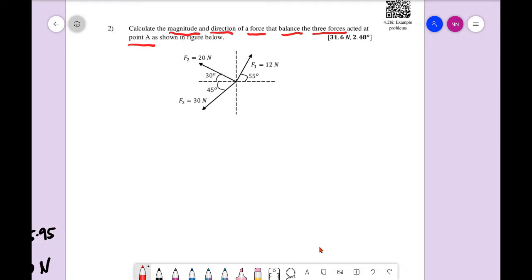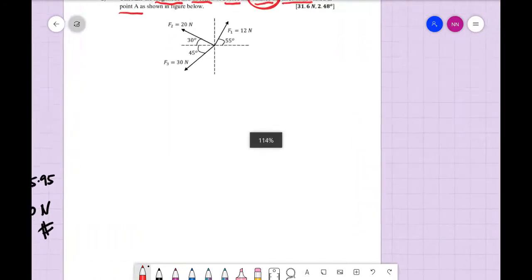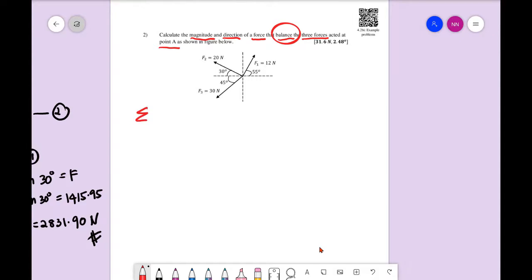Okay, the key word here is balance. The concept is net force X equals 0 and net force Y equals 0. So we can add all F1, F2 and F3, but they are not parallel. So we have to resolve F1, F2 and F3 into X component and Y component.